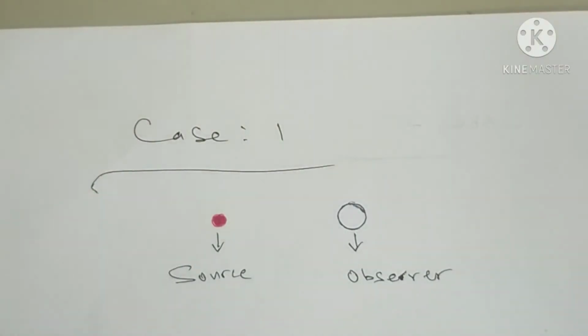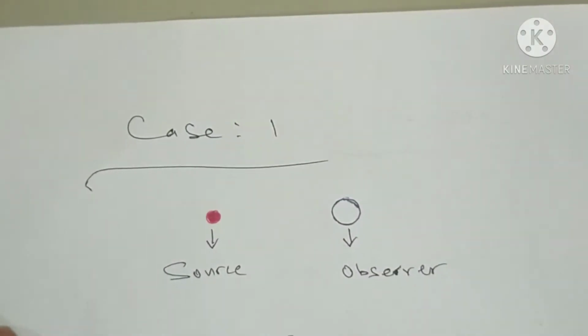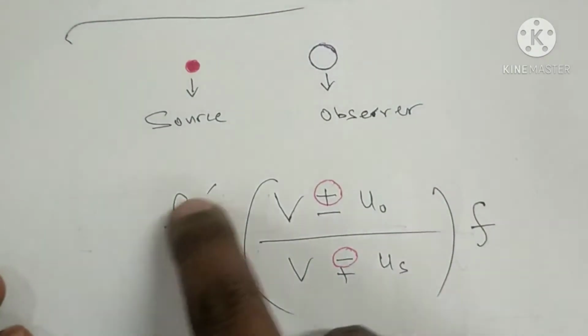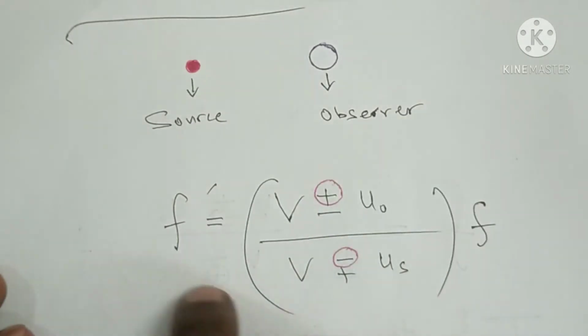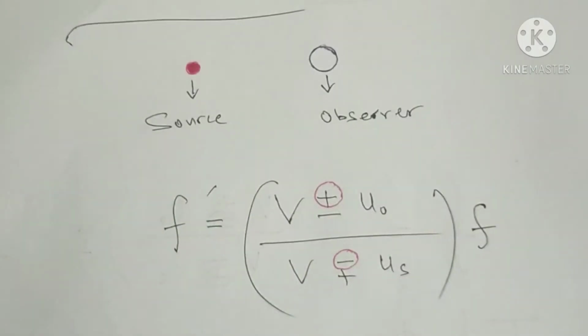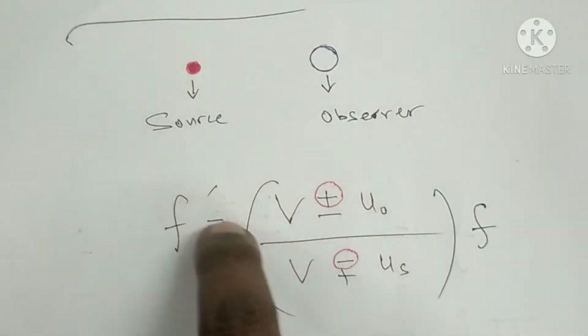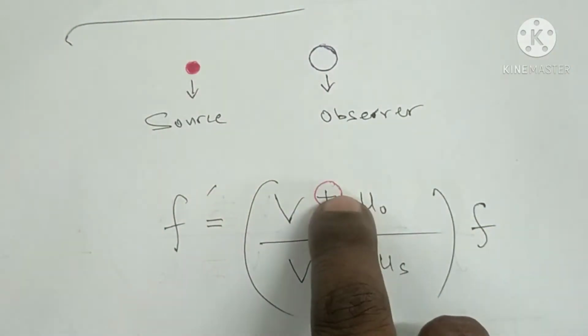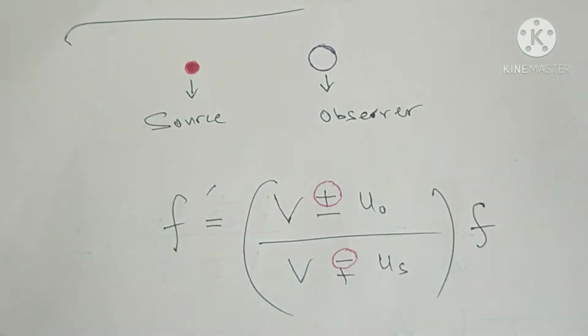For case 1, if the source and observer are approaching, we are going to use the Doppler effect formula to find any of the possible values in this formula. In the beginning, don't worry about the stationary position of the source or observer. Just concentrate on the numerator to determine the positive or negative sign.